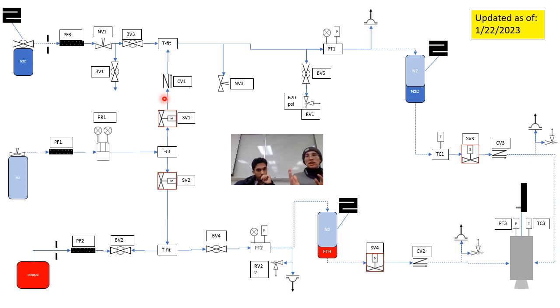Theoretically, if we were to open SV3 and SV4, just to clarify, we would eventually run out of driving force or driving pressure if we were to keep SV1 and SV2 closed.